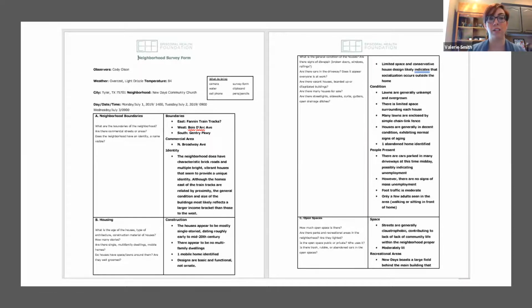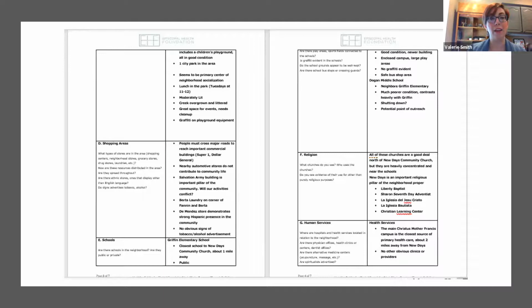So it helps us look at different types of housing. The first thing is to define the community, right? The size of the space of the community, but then also to look at housing and open spaces. Especially, we needed something with a large parking lot, to be able to bring the 18-wheelers in with the produce, those sorts of things. And then looking at what resources are there as far as shopping.